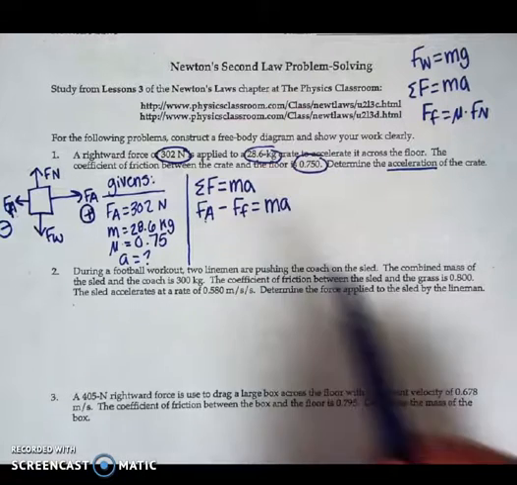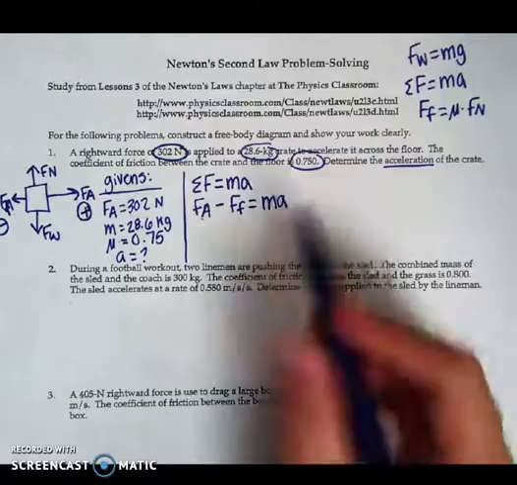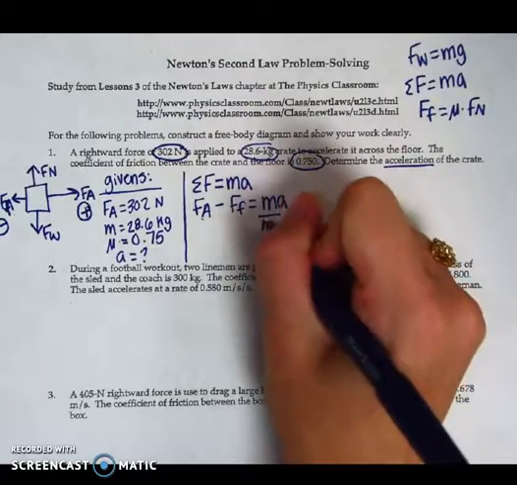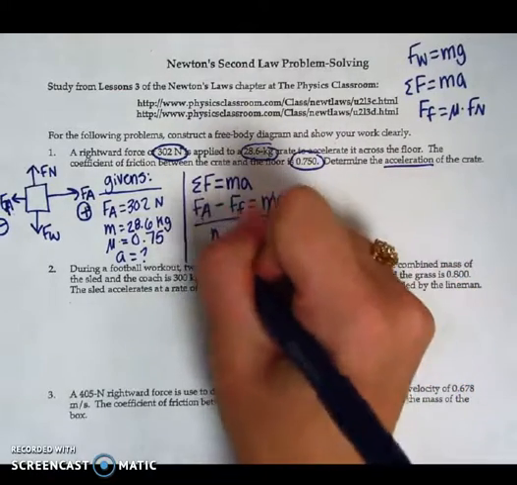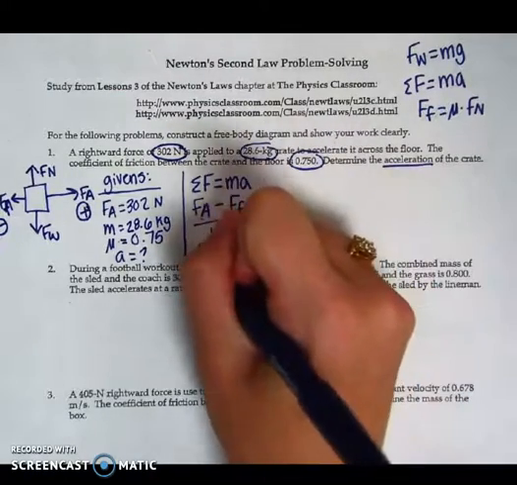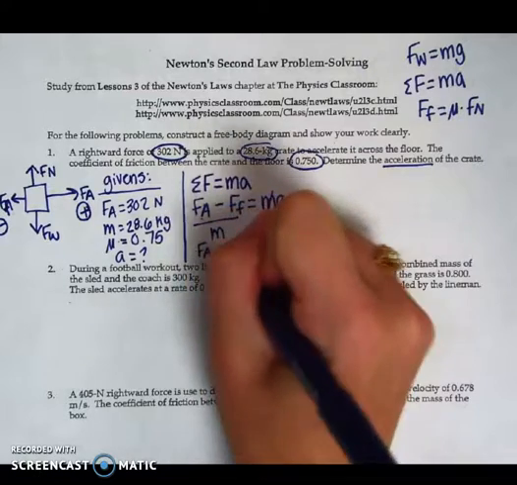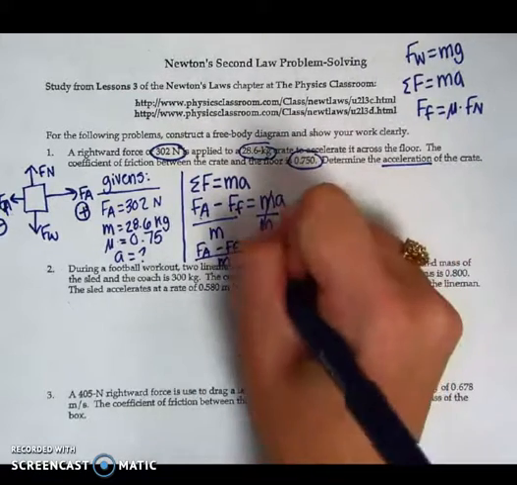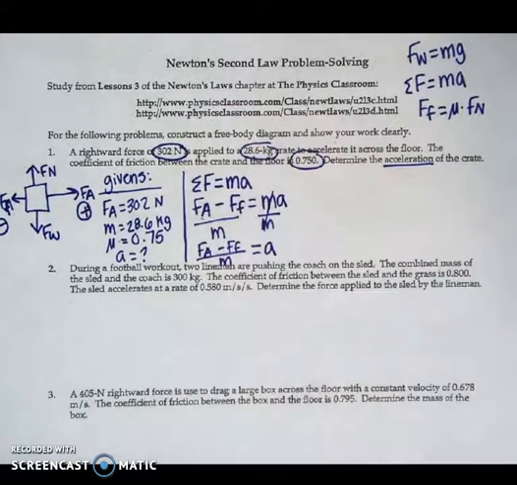So all we have to do is get this A by itself. So we're just going to divide by M on both sides. And we're getting an equation that looks like FA minus FF divided by M equals acceleration.